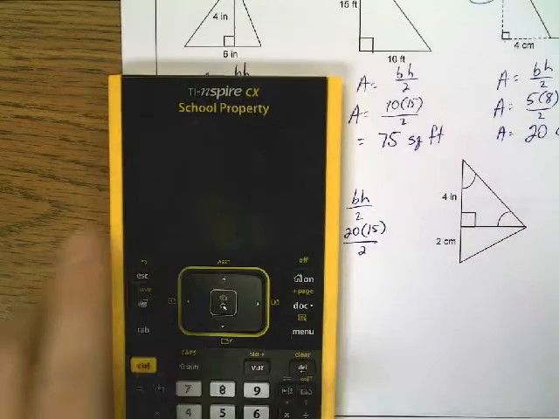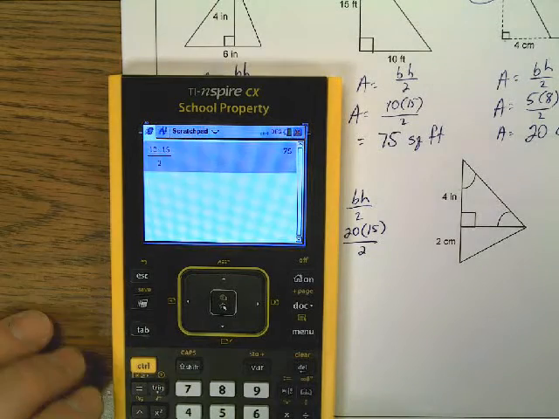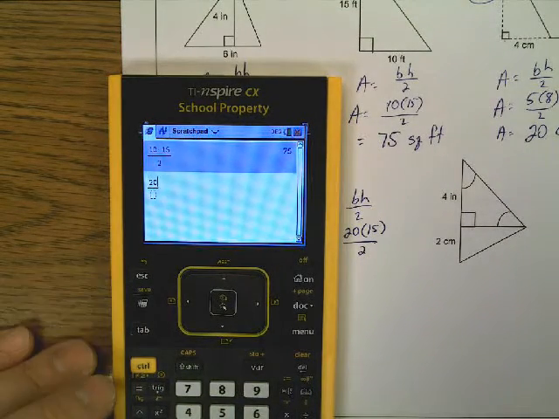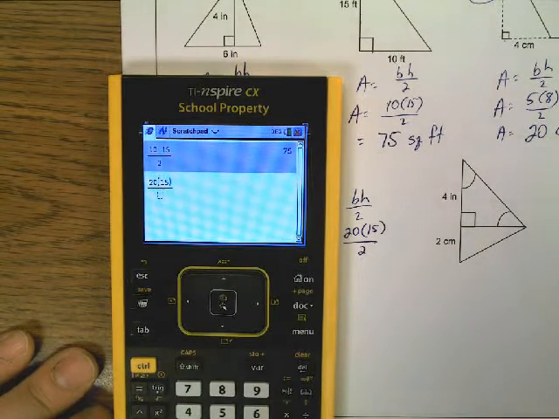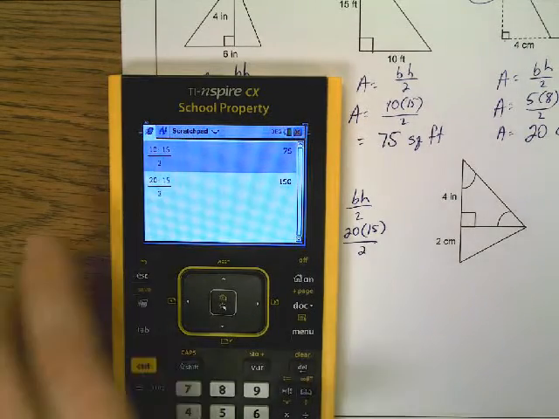So we'll put that in the calculator. Control divide. 20, and if you want to do parentheses, you can. That'll work. And you can put parentheses around the 20 as well if you want. And then divided by 2. And I get 150.